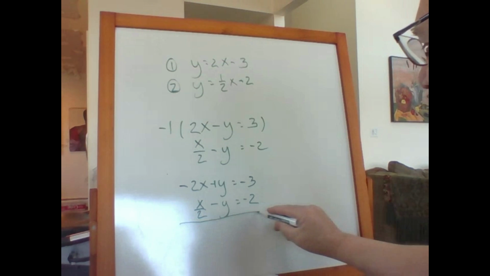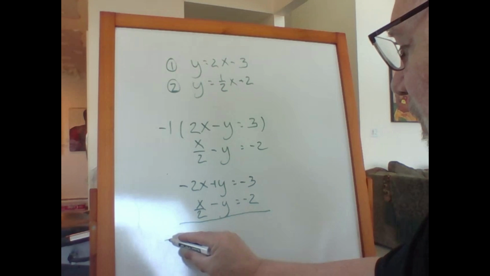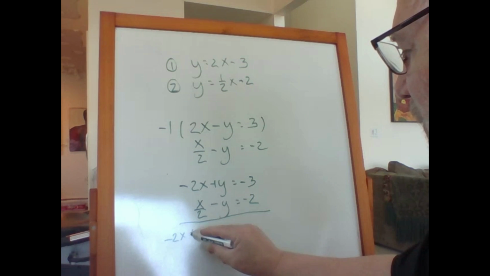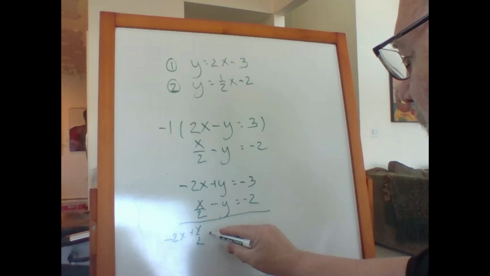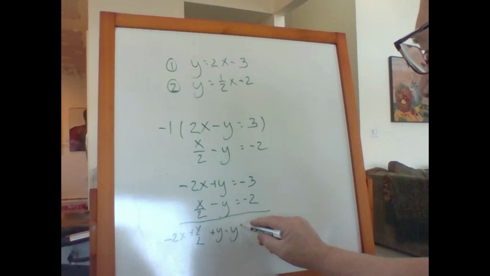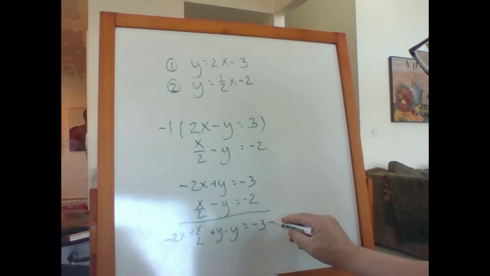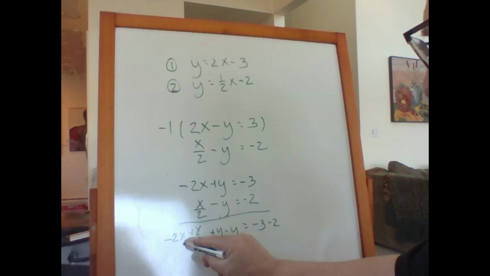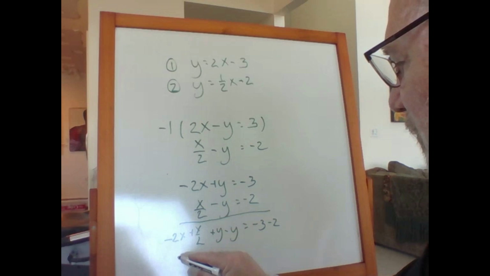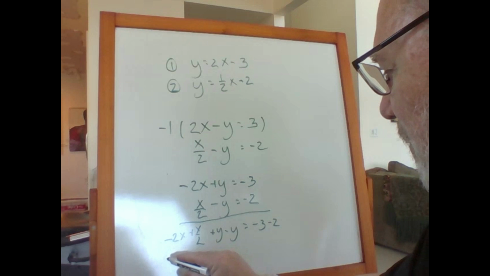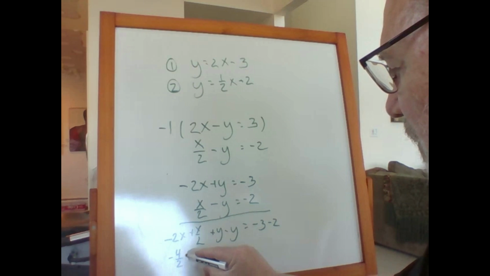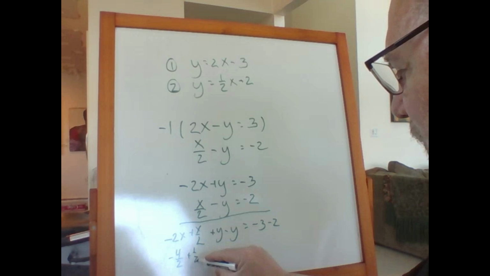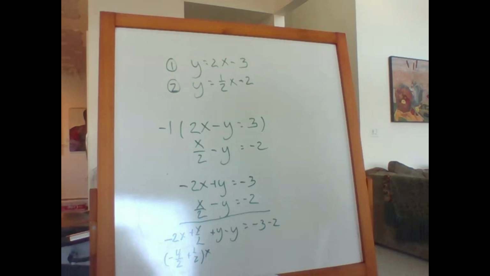So if we add these two equations together, you get minus 2x plus x over 2 plus y minus y equals minus 3 minus 2. The y's cancel, and this is the same as minus 4 halves x plus 1/2 x, which is minus 3 halves x, equals minus 5.